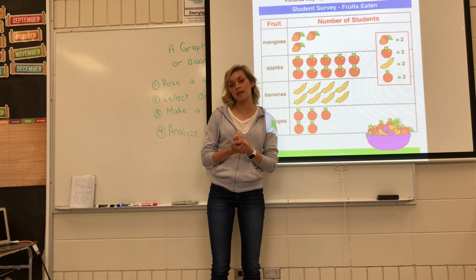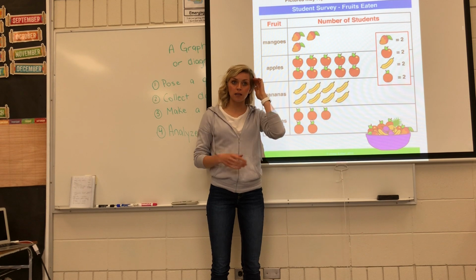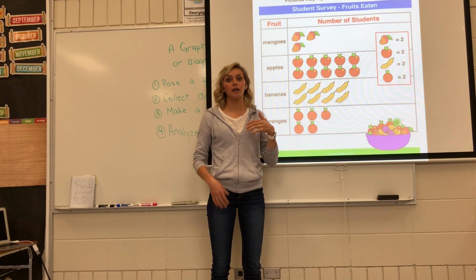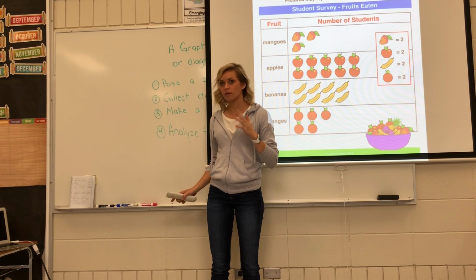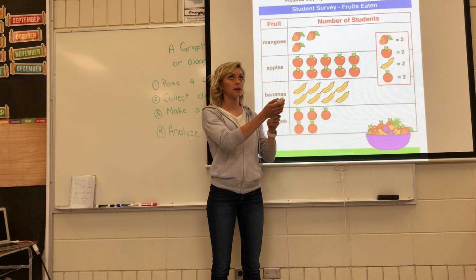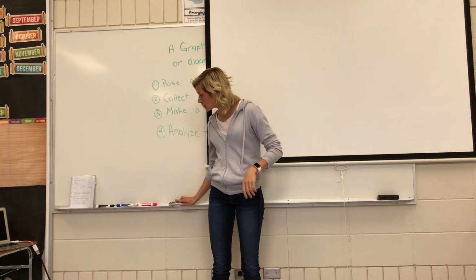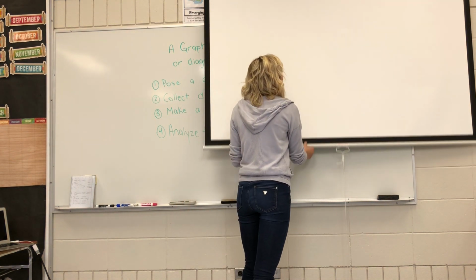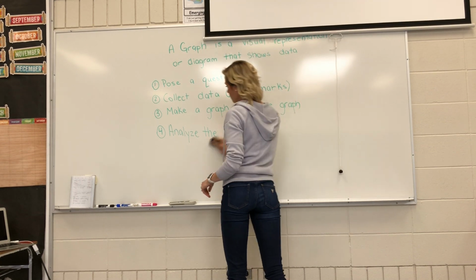So our job today is going to be drawing this in our math journals using the data we collected from our ice cream. So I'm going to do an example on the board and show you what that looks like. Let me just turn this off for us so I can use my board again. I'll get rid of some of this information.